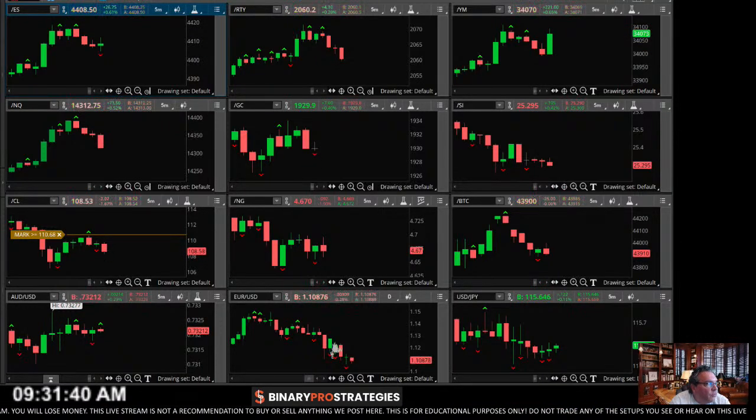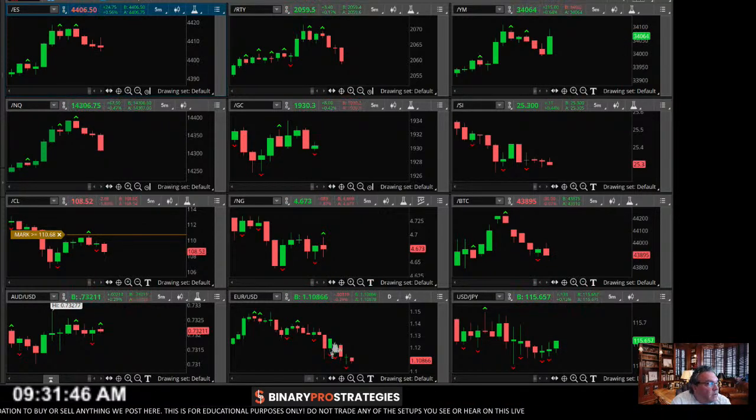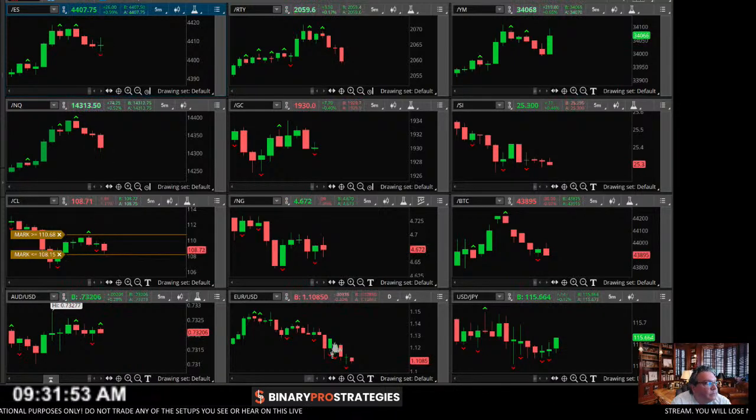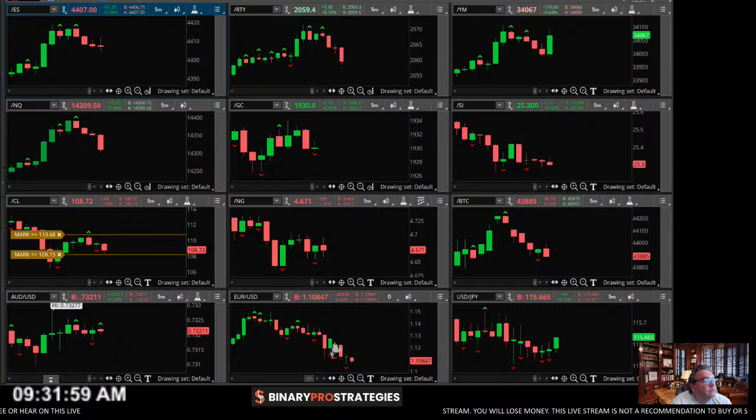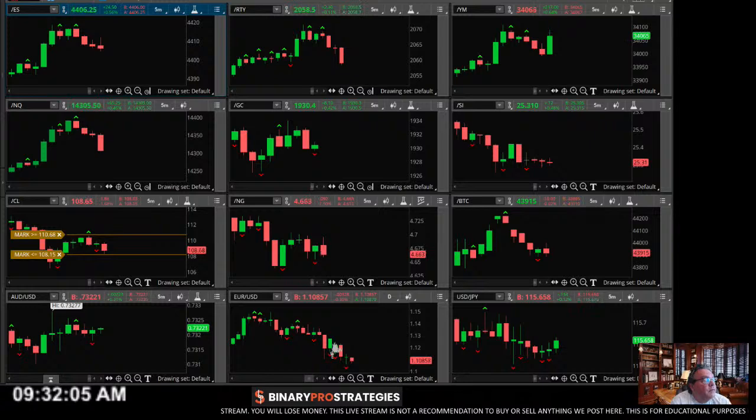Profit target on the crude is going to be 108.15. And reversal is going to be 109.65.